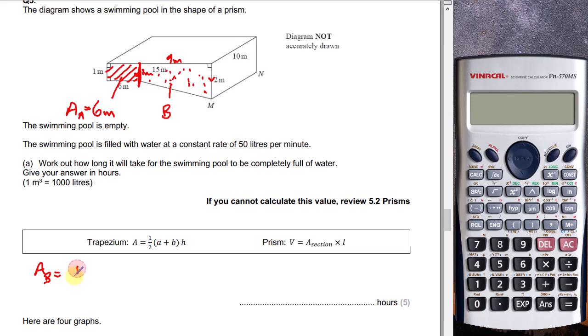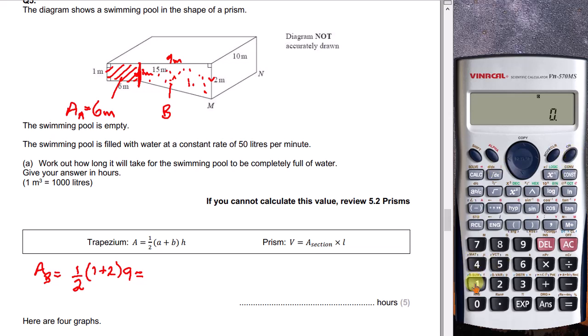We need 1/2 the sum of the parallel edges, so that one's 1 and that one's 2, multiplied by the height, which is the distance between them, 9. So the area of that one is 3 times 9 over 2, 27 over 2. So just put it into the calculator.